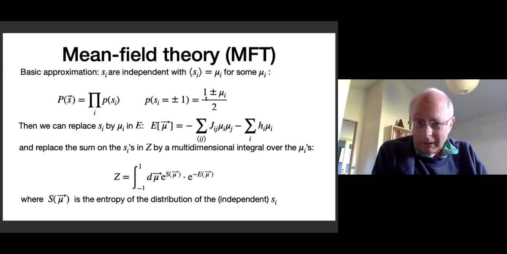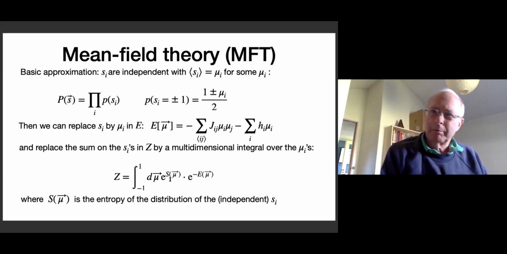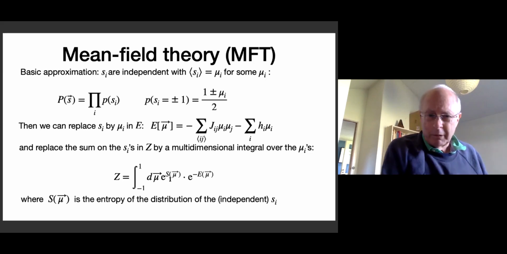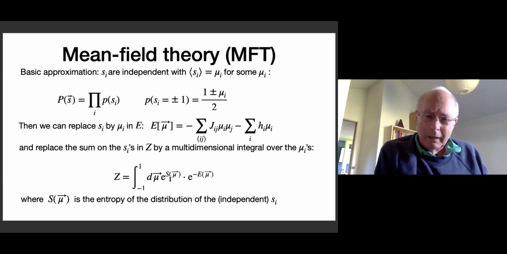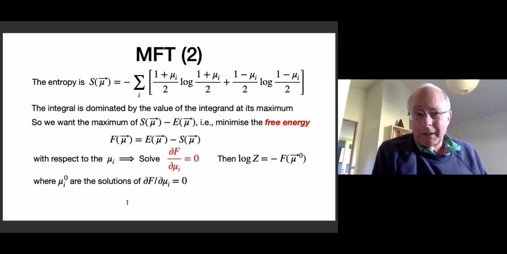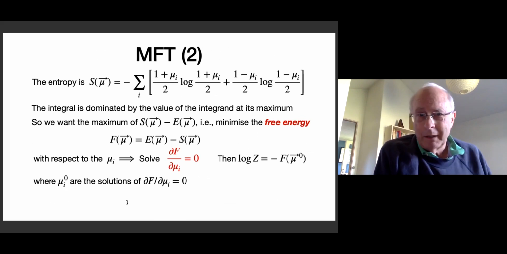So you need a weighting factor, and the weighting factor you use is e to the entropy. Boltzmann's basic idea in statistical mechanics was that the entropy is the log of the number of available states. So e to the entropy is the number of states. So in this case, we know what this entropy is for any choice of mu's that we make.